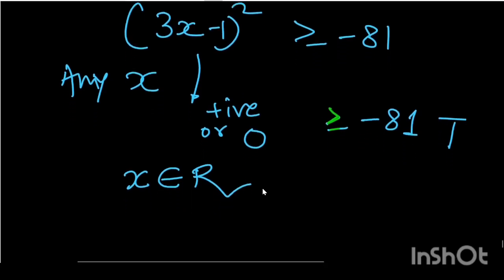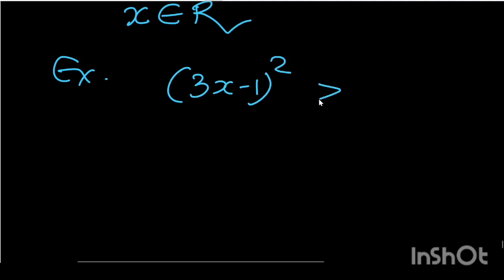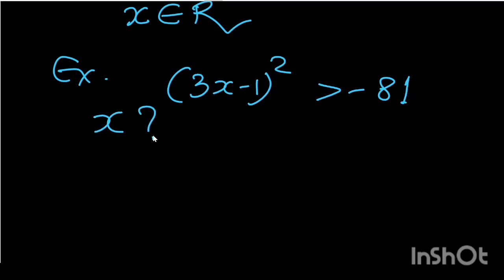Okay, what if I ask you (3x minus 1) whole square greater than minus 81? I have removed the equal to sign here. What will you say now? What is x, guys?